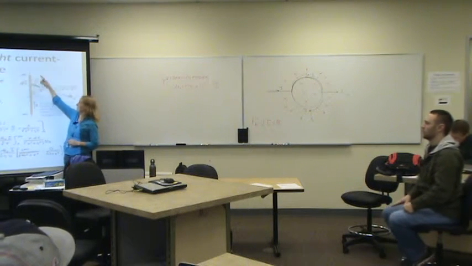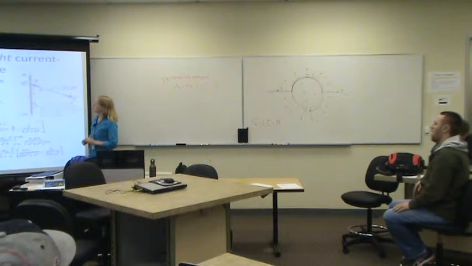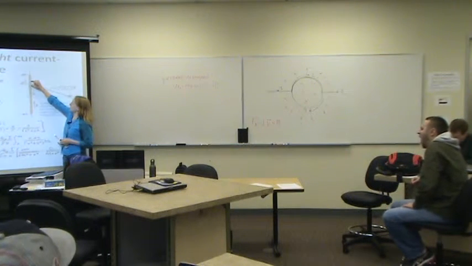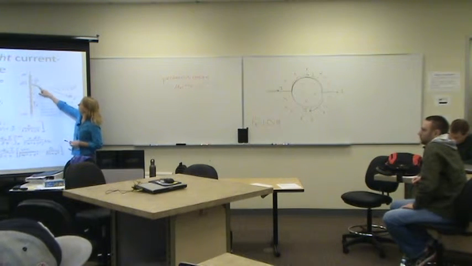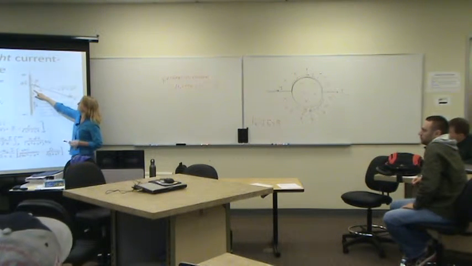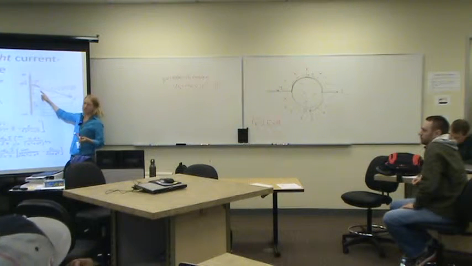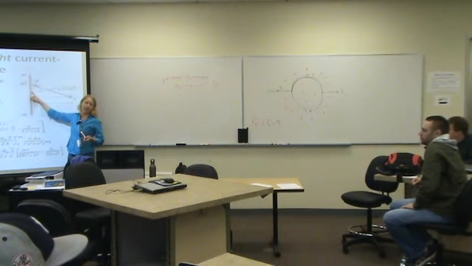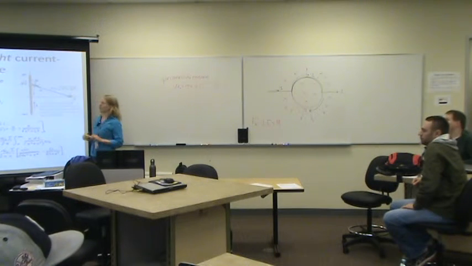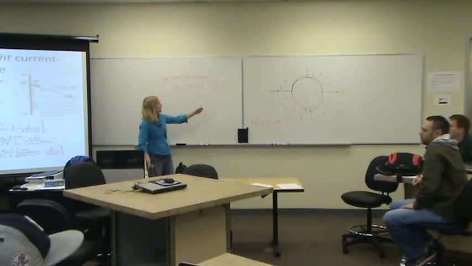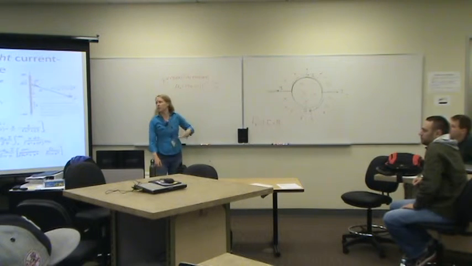Let's assume this wire goes to plus and minus infinity, and my little ds is up here, and it makes an angle with that wire of theta, so this would be pi minus theta, or 90 minus theta. We're putting it in radians because of the permeability constant.